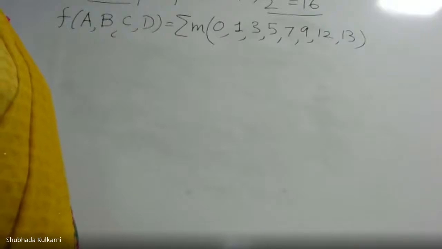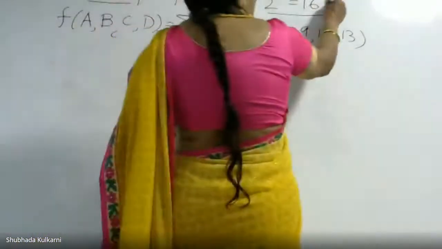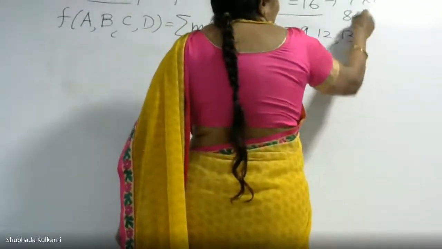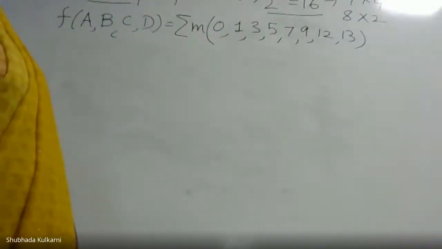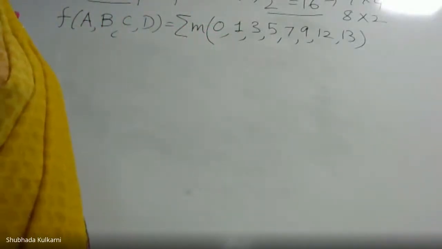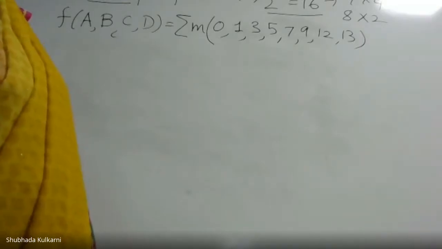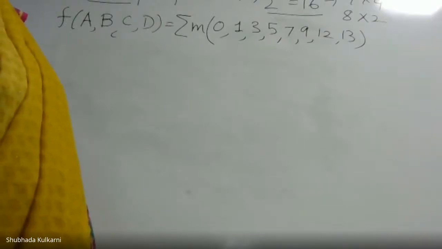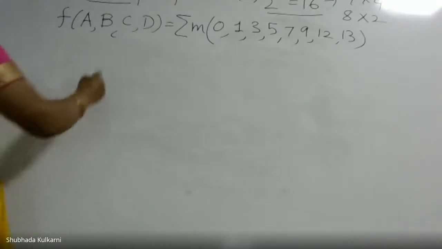Now, what can be the optimum size of the map? 16 can be 4 cross 4, or 8 cross 2, or 2 cross 8. For simplification, 4 cross 4 will be most suitable to view the quad, octet, etc. Even 8 cross 2 you can do, but preferably 4 cross 4. The size will be optimum.